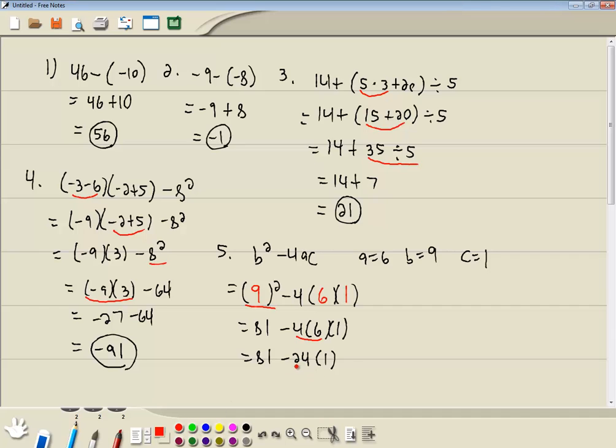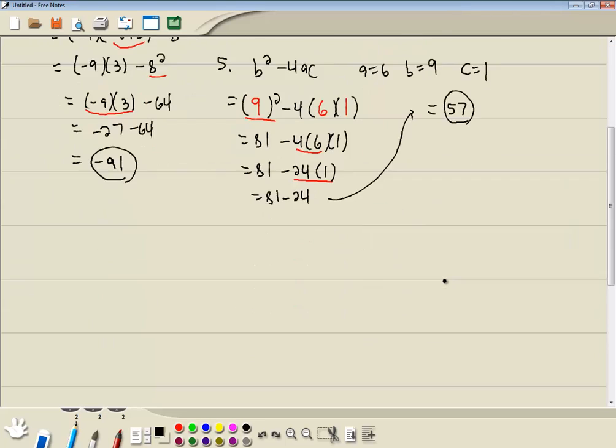Still doing the multiplication and division, and here's the next one. 24 times 1. So we got 81 minus 24. And then last thing is to subtract those. 57, I think. Yeah, 57. And that's our answer.